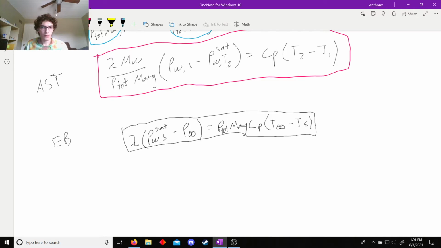So what we want to do here is actually manipulate this equation slightly.